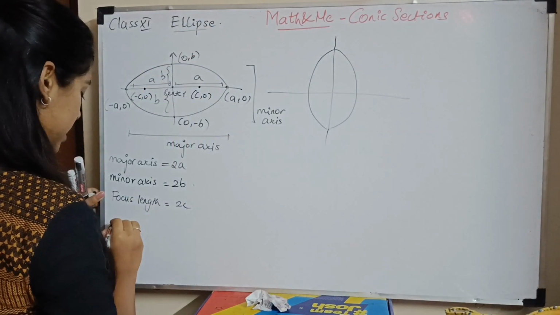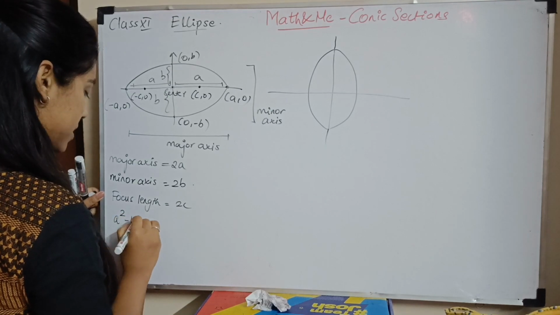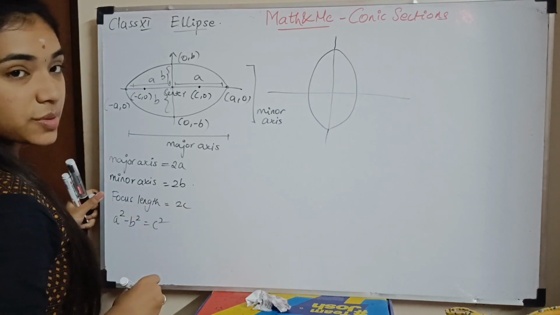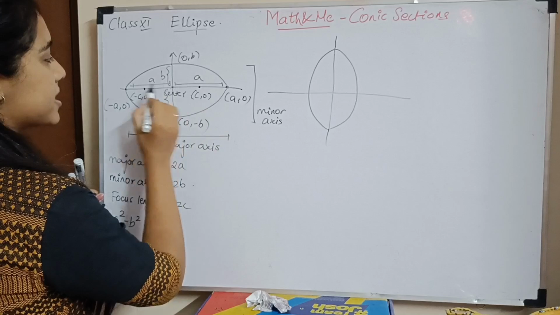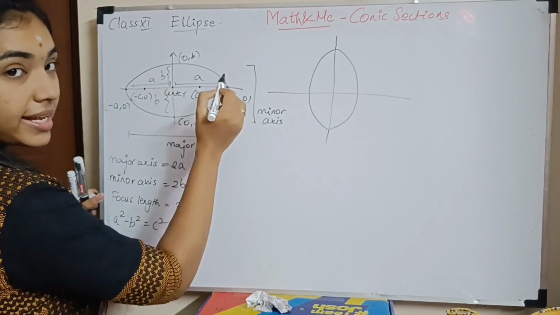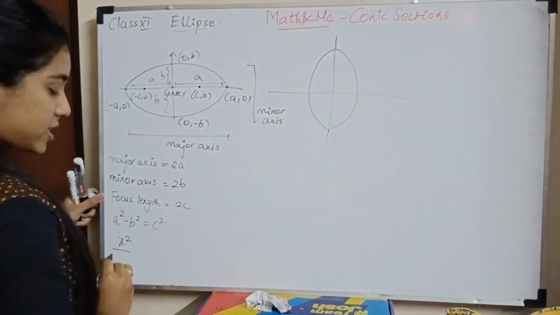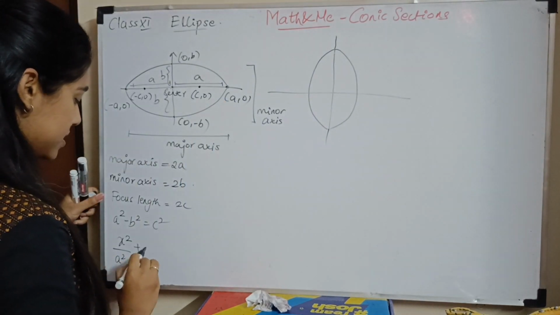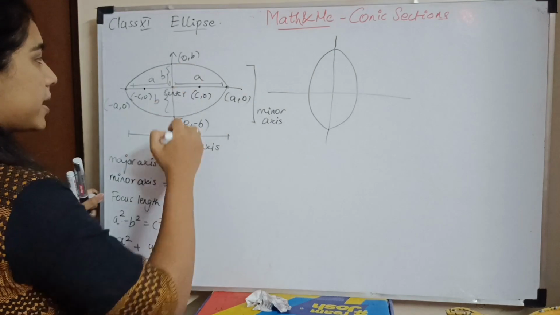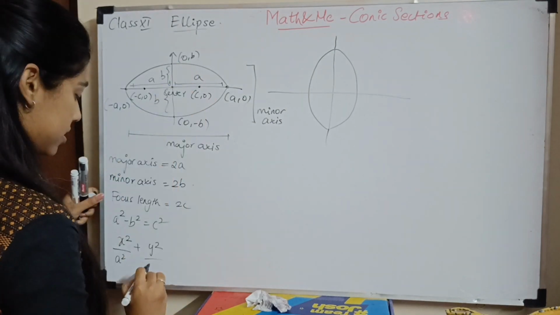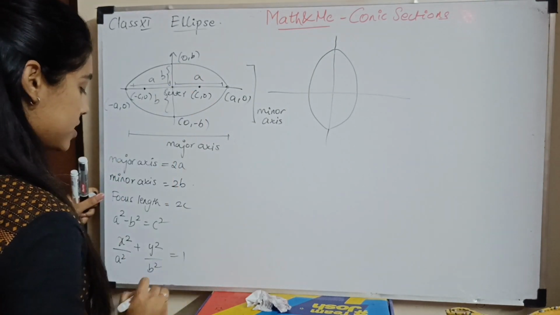For an ellipse it is a square minus b square equals c square. And when your major axis is along the x-axis, it means x square divided by a square plus y square divided by b square equals 1.